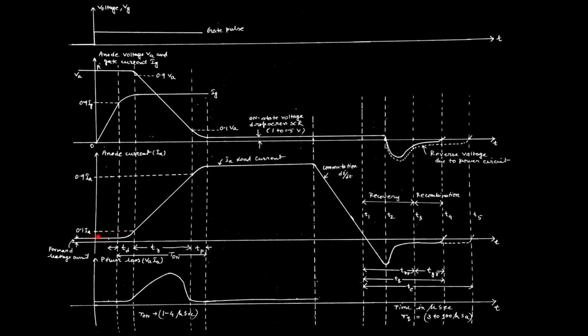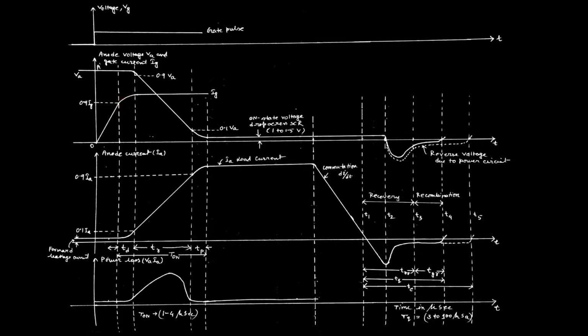That is why the anode current is not increasing. There is only a small amount of anode current, called leakage current, due to the reverse biased junction J2. Once the thyristor is turned on, the voltage will fall as the current rises.